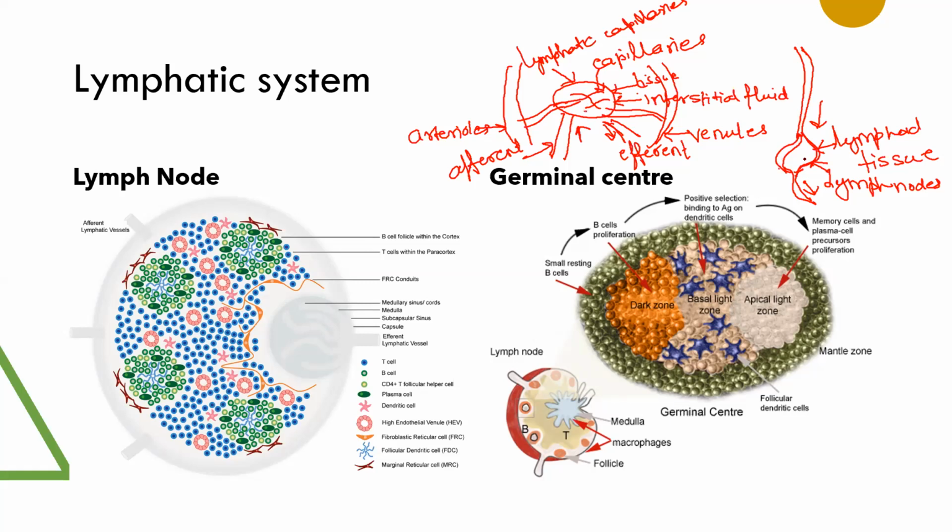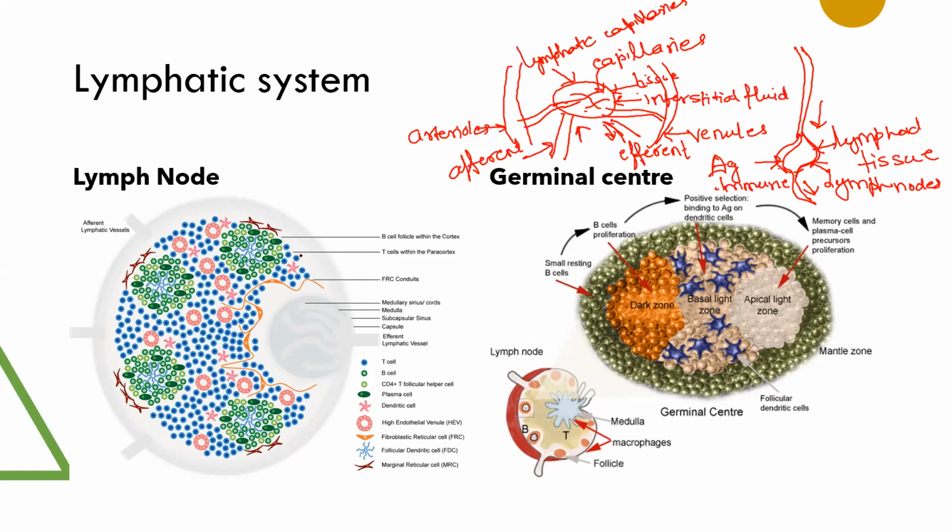The lymph is flowing slowly over there, and there is an antigen trapping system present in the lymph node. So most of the antigen and immune cell interactions occur in the lymph nodes. It is very important for us to understand the structure of this lymph node.